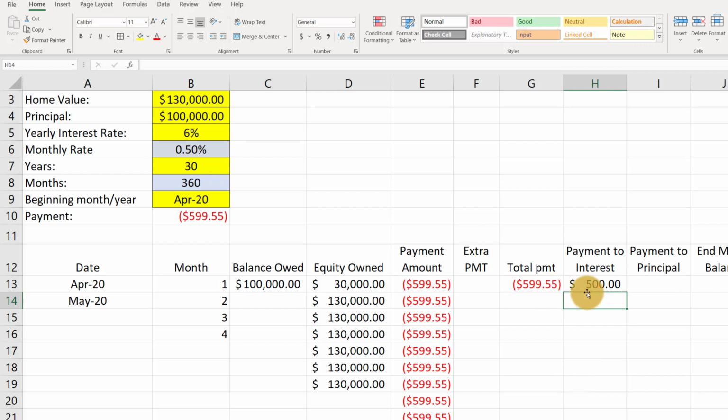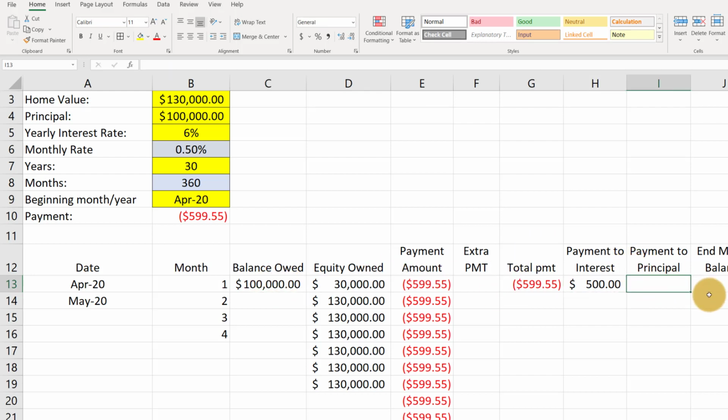Hit F4, or you can type the dollar sign before the B and the 6 manually if you want. So here's what's shocking to a lot of people when they start looking at their statements for their mortgage, especially in the beginning. Most of your payment, almost all your payment goes toward paying interest. As you get further into your loan, more and more and more of it will go towards paying down the principal. So here's what we want to do: say, well, how much of the $599.55, or however much we're paying in a given month, goes towards paying down the actual balance owed to the bank?